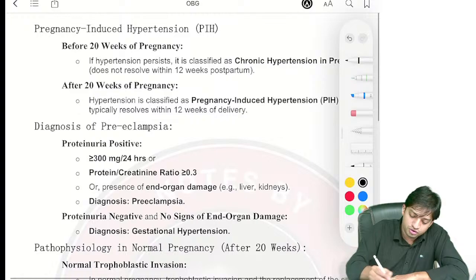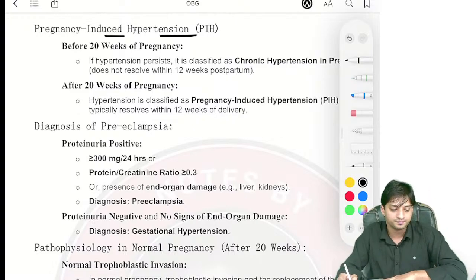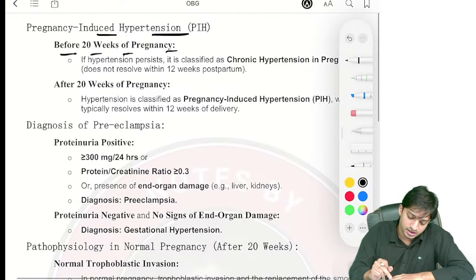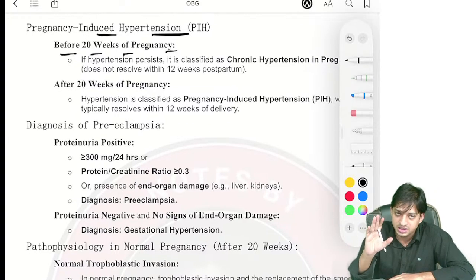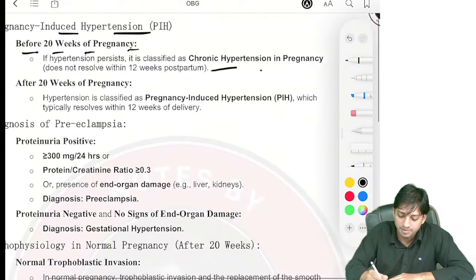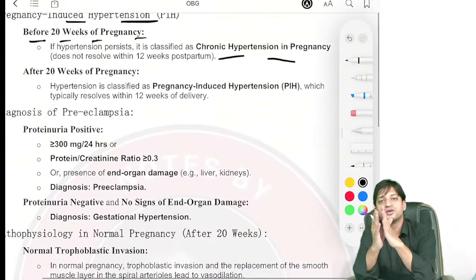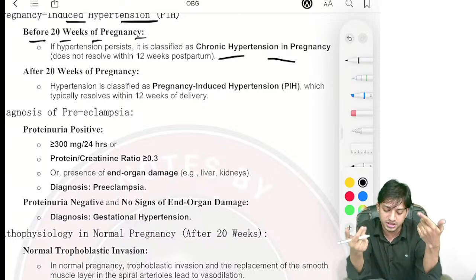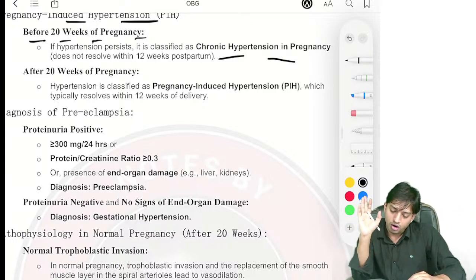Now, pregnancy-induced hypertension. What you are going to see? Before 20 weeks of pregnancy, if there is hypertension persisting, it is classified as chronic hypertension in pregnancy. You already know if the mother has a hypertensive history before 20 weeks of pregnancy, it is chronic hypertension.